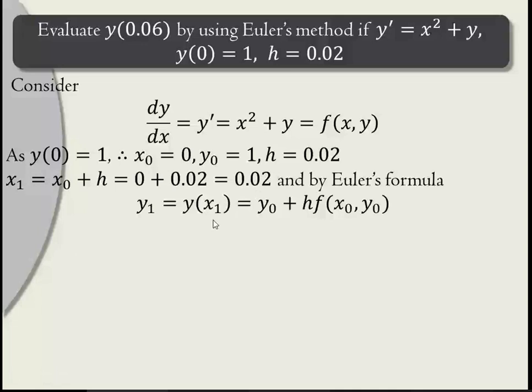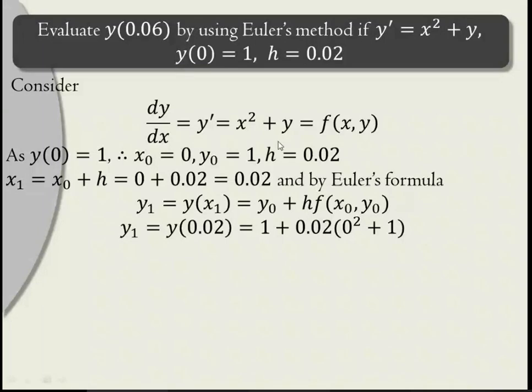So replace x by x naught and y by y naught in that function. So y1 is 1 plus 0.02 into 0 square plus 1. We are putting x naught, y naught into this function. Simplify it. So y1 will be 1.02.